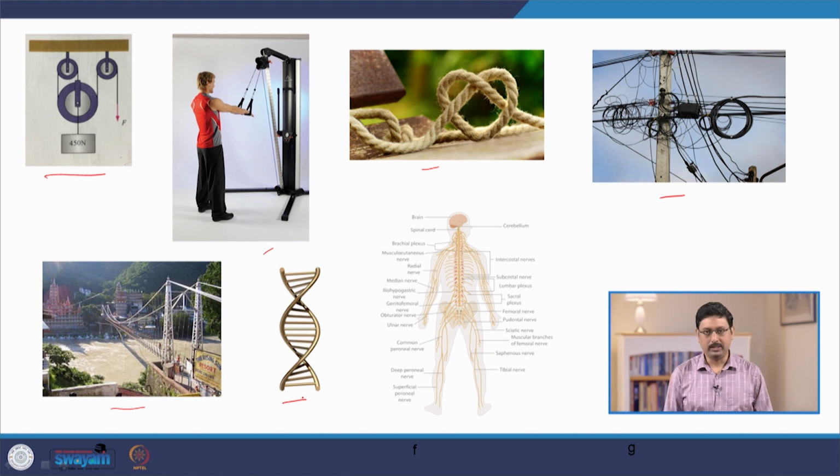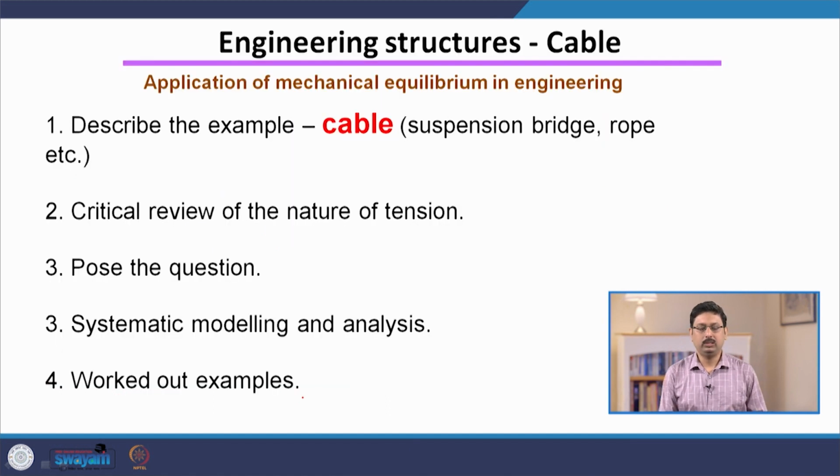So I am going to call this rope an engineering structure. It is a very simple engineering structure which is used in various kinds of devices and machines, such as suspension bridges and cables.